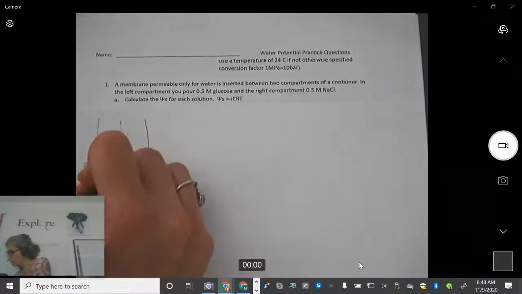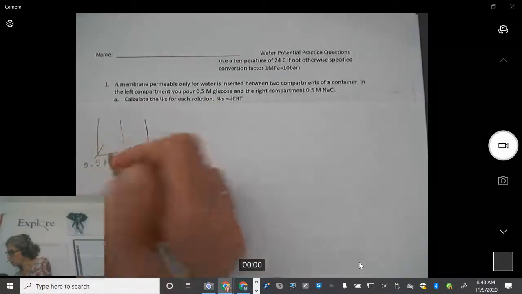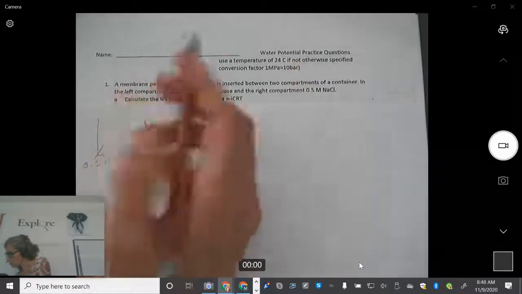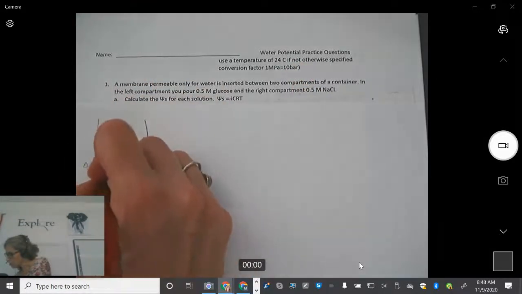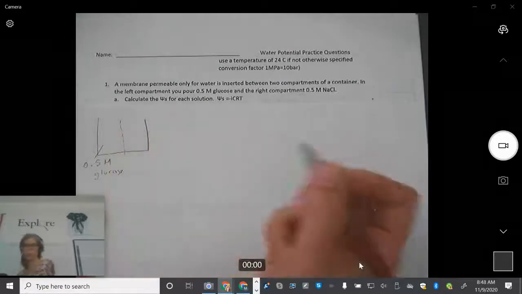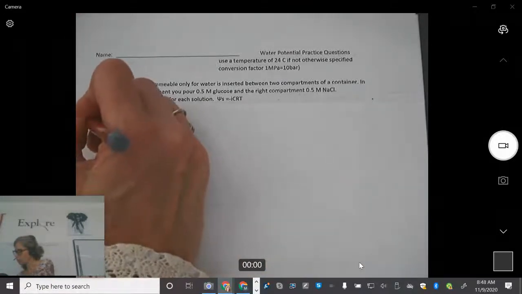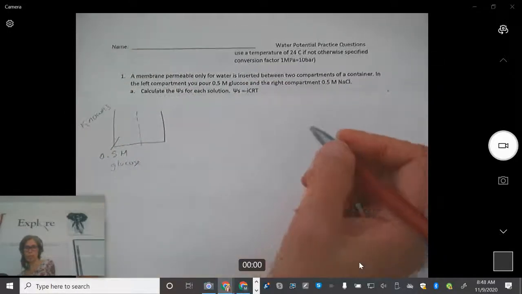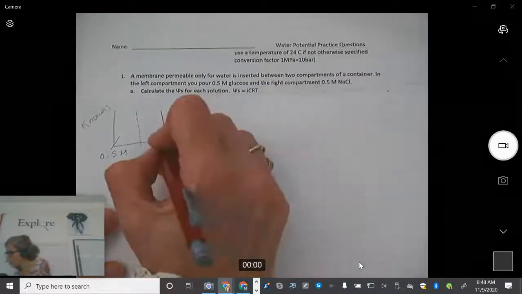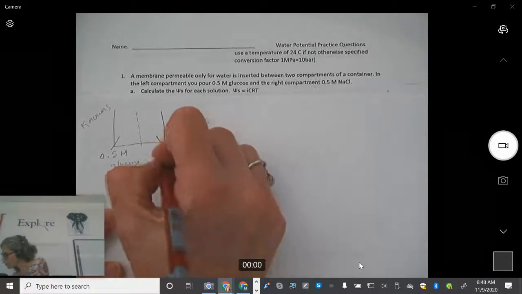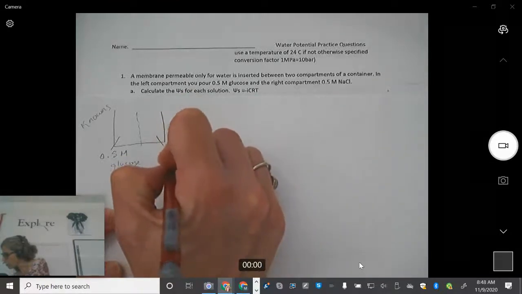I always think it's a good idea to write down what the problem's telling us. Write down the knowns. And that way you know what you need to solve for later. And then the other side has 0.5 molar NaCl.